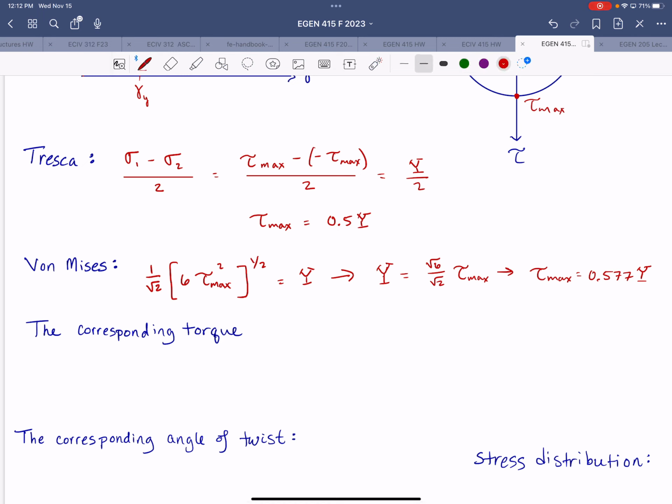Now, the corresponding torque that is tied to the onset of yield, to get that, we'll relate our yield stress to the torque that's associated with it. That's just applying our relationship between torque and shear stress, torque times the radius divided by the polar moment of inertia.